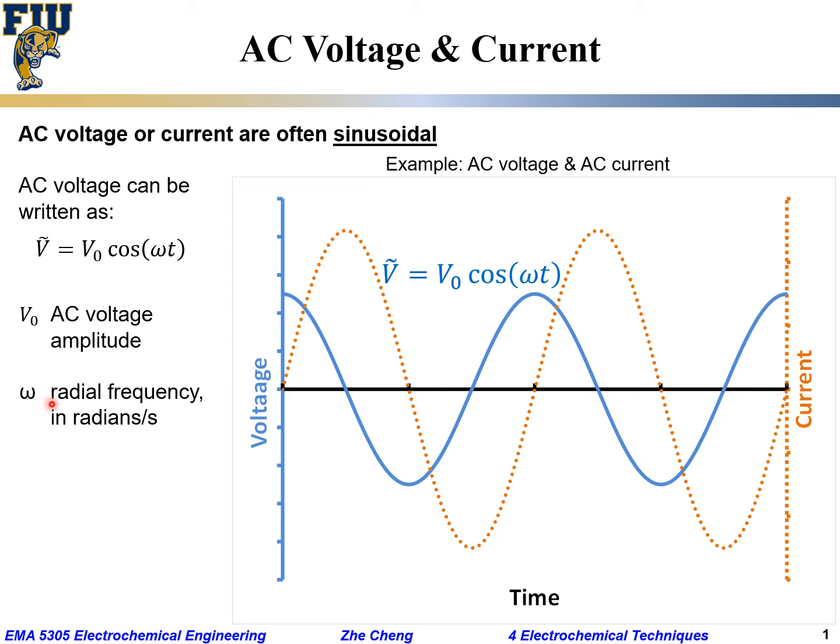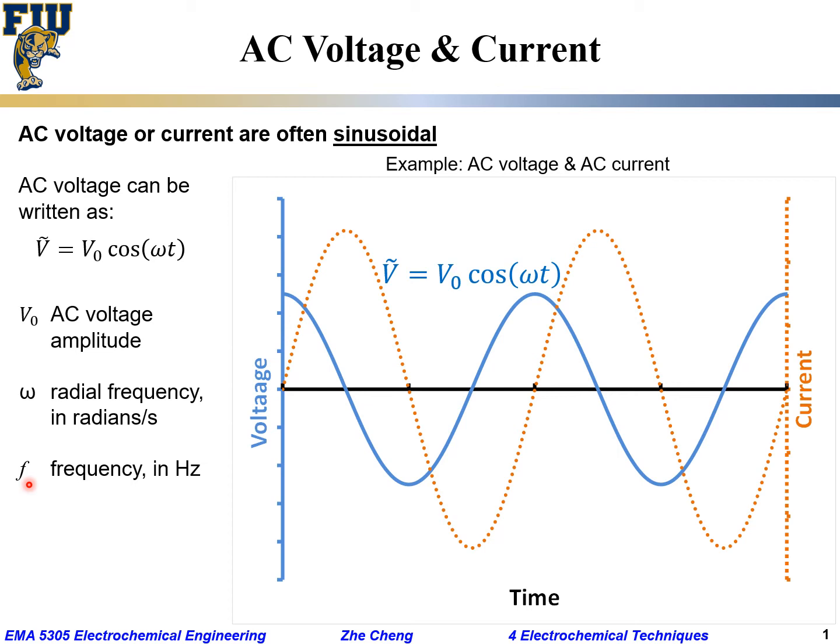Omega would be the radio frequency. In geometry, we say angular velocity, but here we would call it radio frequency. And it's in the unit of radian per second. T, of course, would be time.